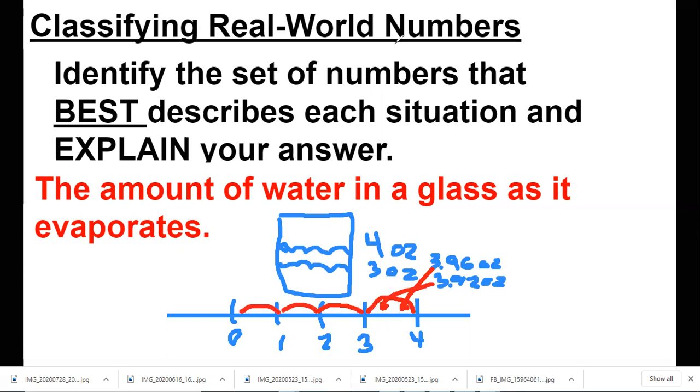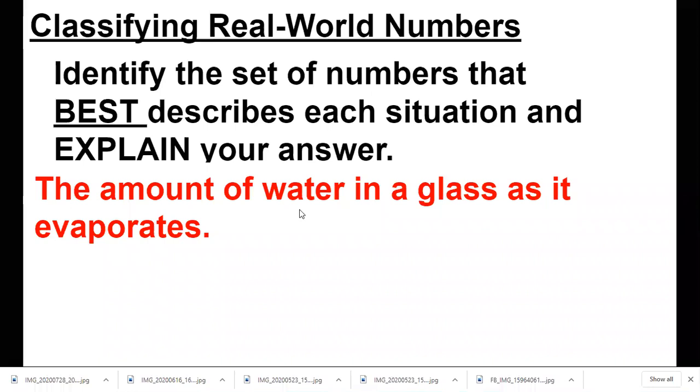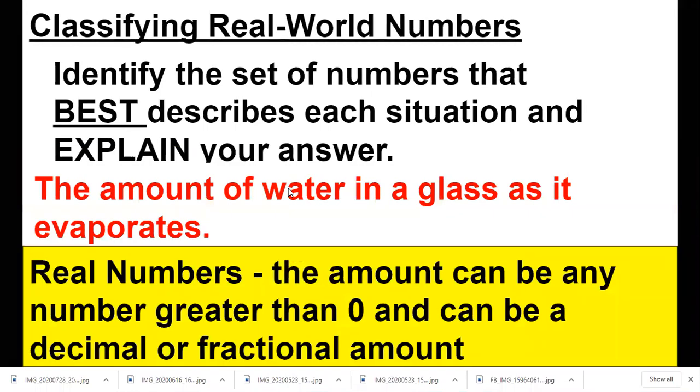So it could maybe be a whole number, but it might also be what? It could also be an in-between number. It could be a rational number. So let's put that in there. It's a real number as well because the amount can be any number greater than 0 and can be a decimal or fractional amount.